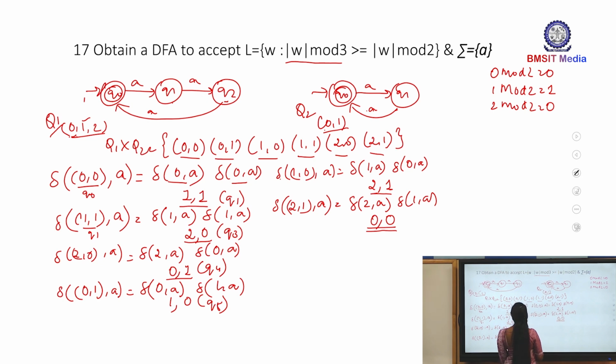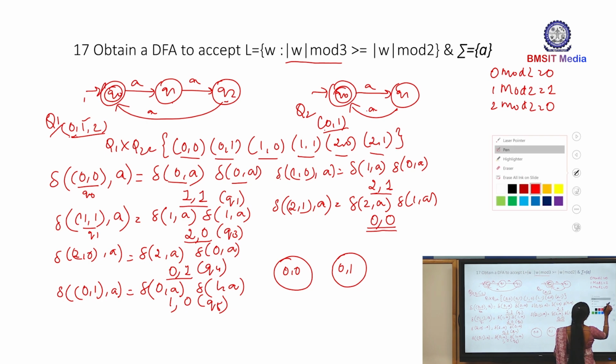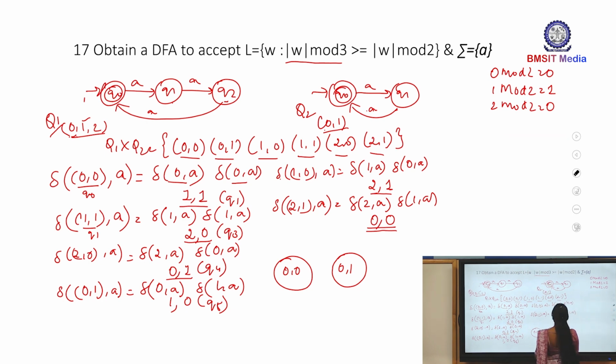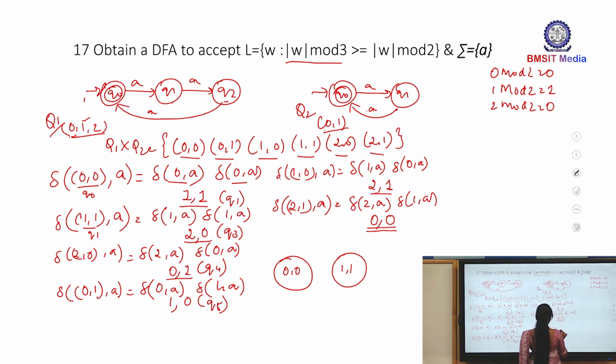Now what we do is, we'll write down the transitions for this. So you know that we have 6 states. I'll start with (0, 0). The next state is (0, 1), or I can write it as (1, 1). Okay.